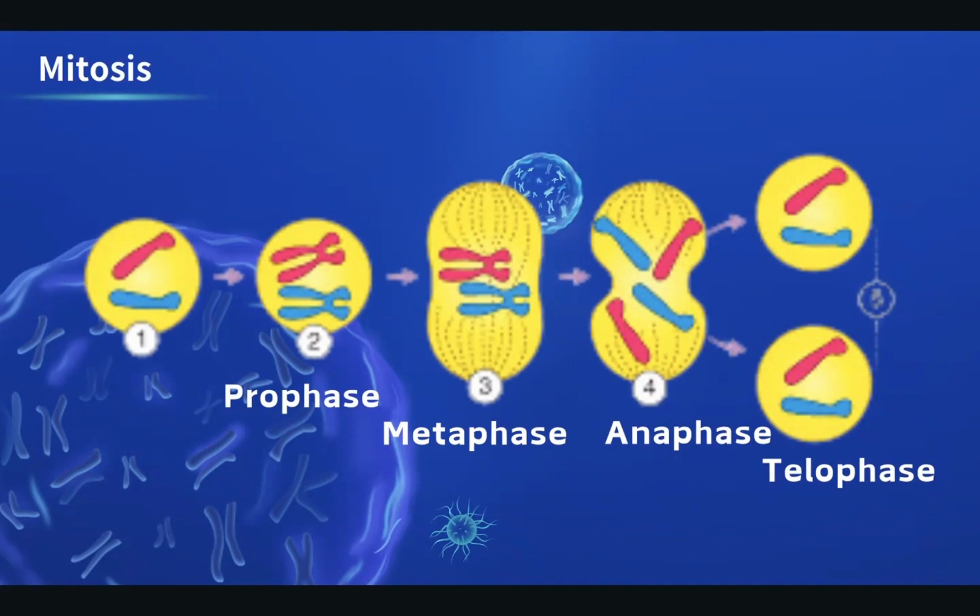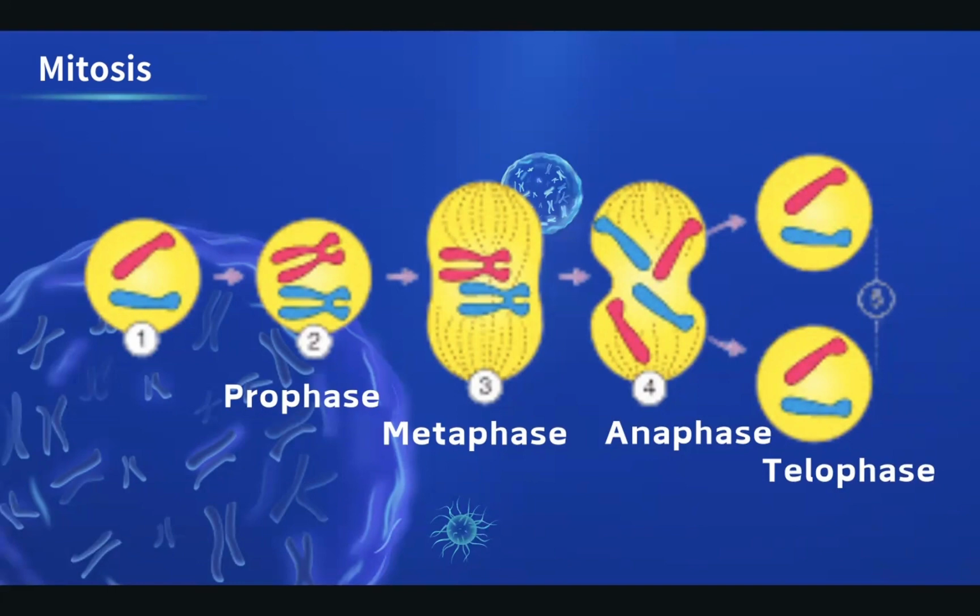Mitosis consists of four distinct stages: prophase, metaphase, anaphase, and telophase, where the chromatin condenses into visible chromosomes, aligns at the metaphase plate, separates into sister chromatids, and eventually divides into two daughter cells.